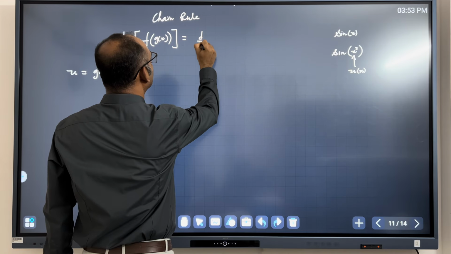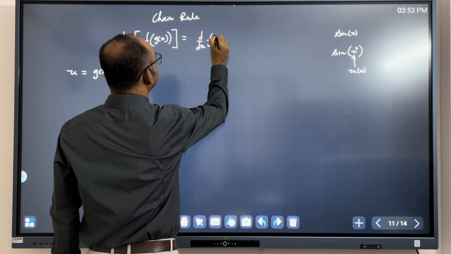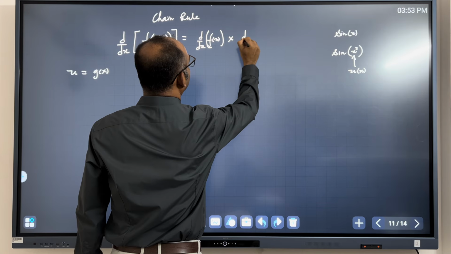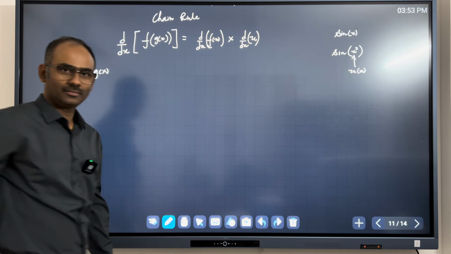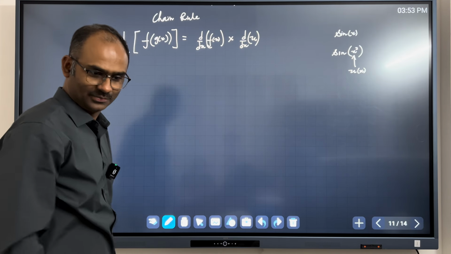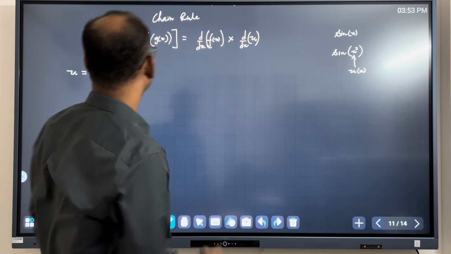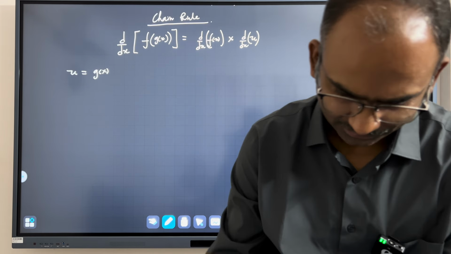So it is d over du of f of u times d over dx of u. Okay? So that's the rule. This is called chain rule, and that's going to be extremely useful.